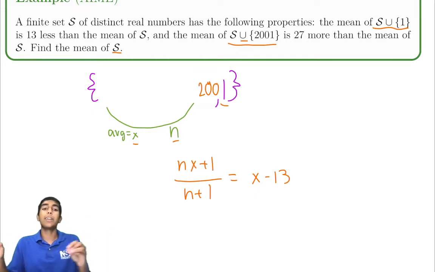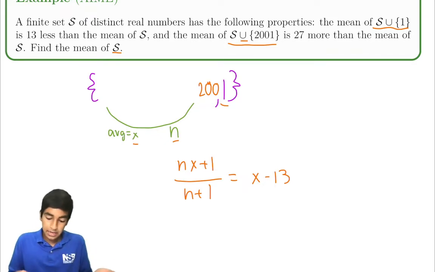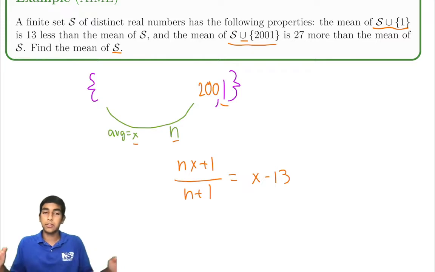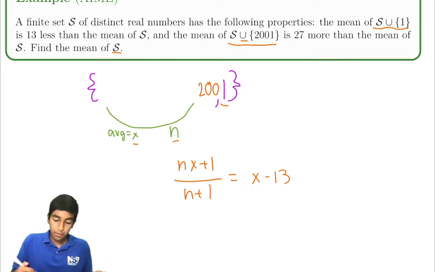You don't write the element twice because it's in both sets. But if the set is unchanged, then the mean cannot be 27 more. So that's not possible. So we know that we're basically adding 2001 to the set now.